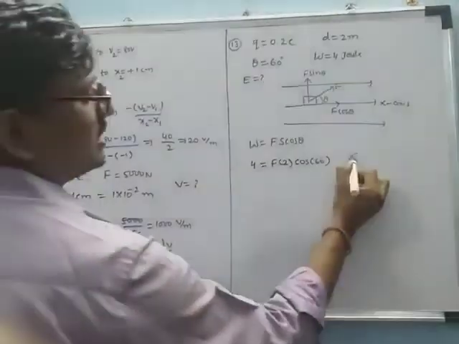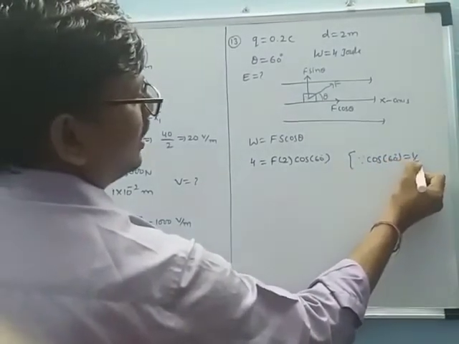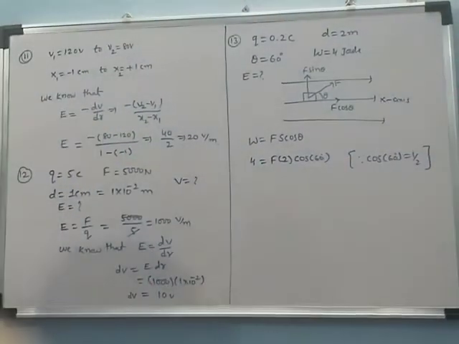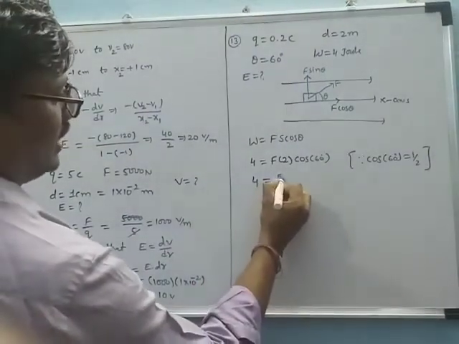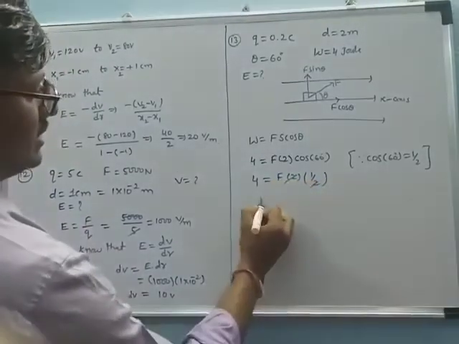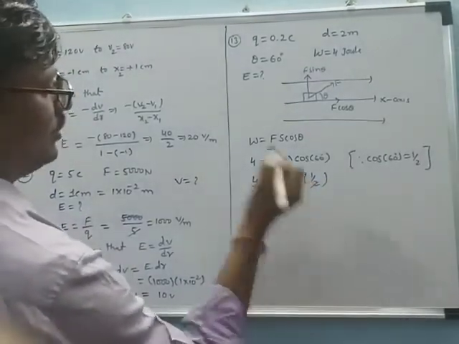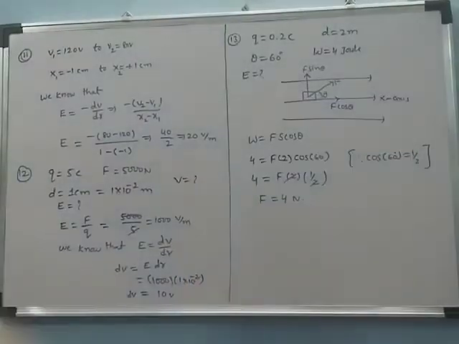Since cos 60 is equal to 1 by 2, we can write 4 is equal to F into 2 into 1 by 2. Then the 2 gets cancelled, and the force is equal to 4 newtons. So the force acting on this object is 4 newtons.